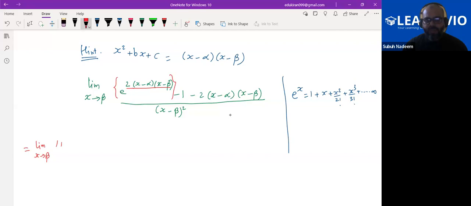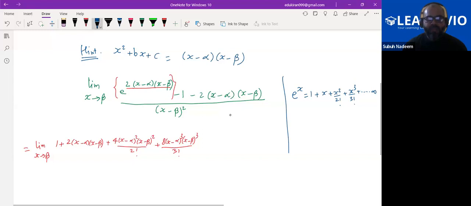Limit x approaching beta, and e to the power 2 x minus alpha x minus beta can be written as 1 plus 2 x minus alpha x minus beta plus x square by 2 factorial. So x square will become 4 x minus alpha square x minus beta square by 2 factorial plus x cube by 3 factorial, that will become 8 x minus alpha cube into x minus beta cube by 3 factorial.